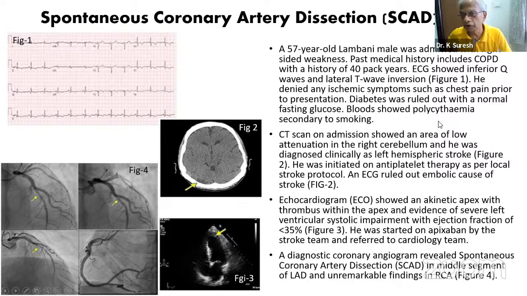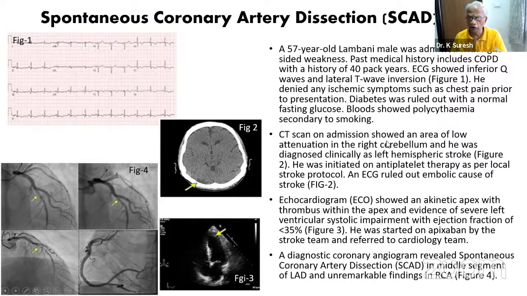It might be 20 into 2 or 15 into 3, whatever the number of packs per day. The ECG had shown lateral T wave inversion, and he denied any ischemic symptoms, such as chest pain. Diabetes was also ruled out based on the fasting blood sugar, and the blood film showed polycythemia secondary to smoking.